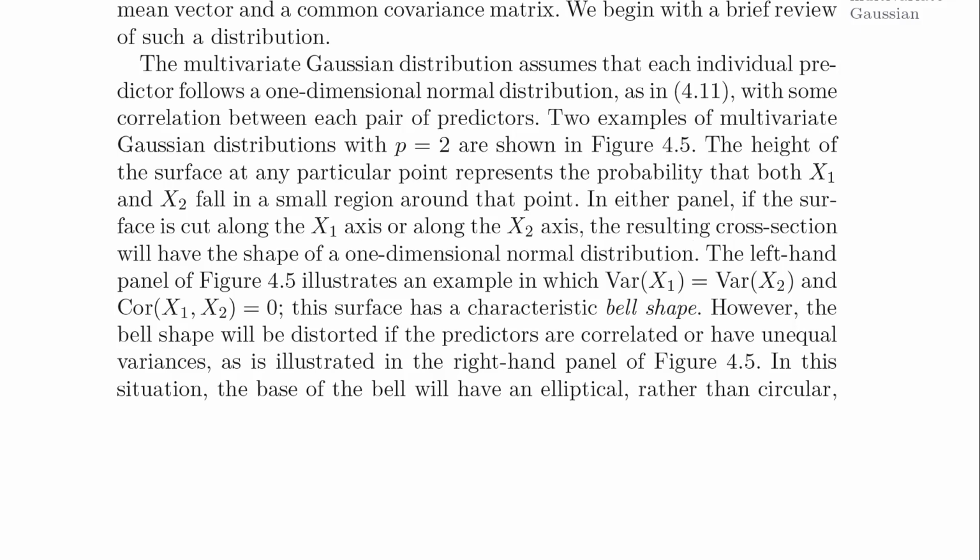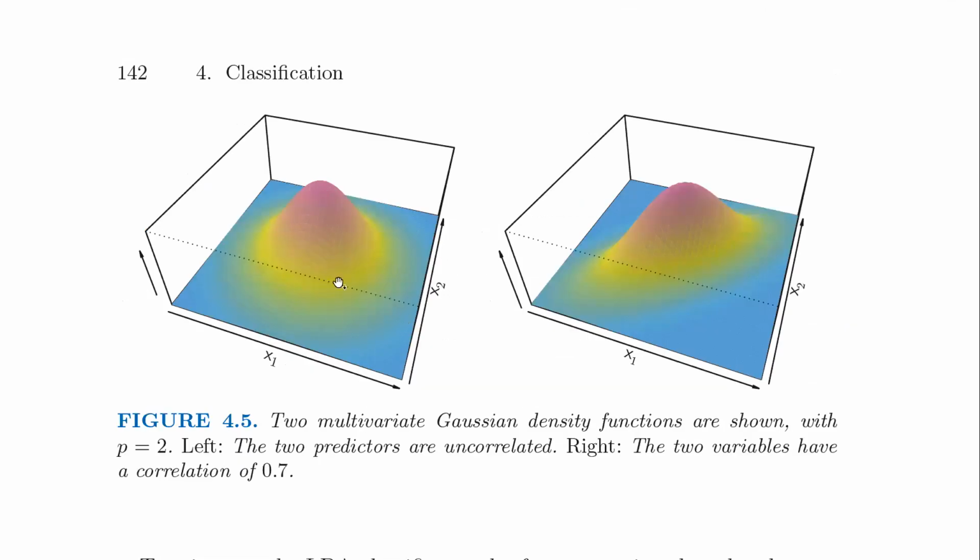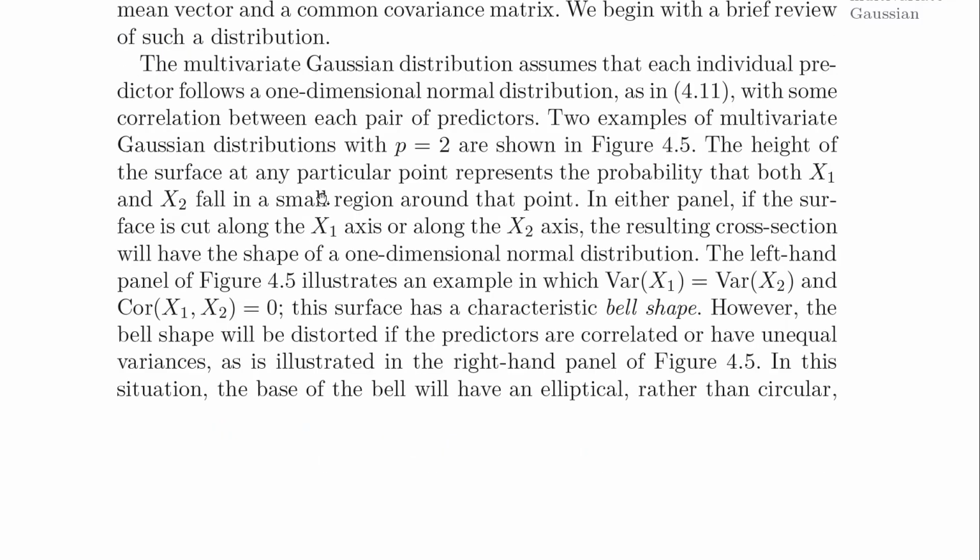The left-hand panel of figure 4.5, this one, illustrates an example where both variables have the same variance, variance meaning sigma squared, and their correlation is 0.